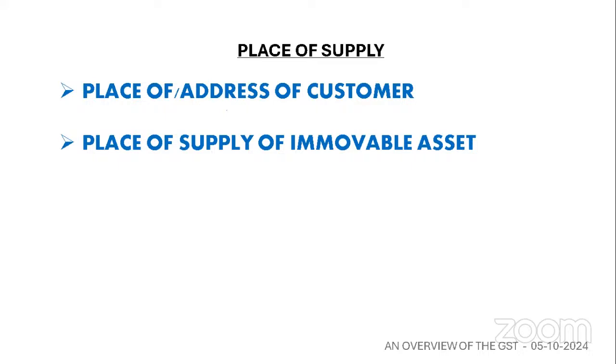This is one example. The second example: I am sitting in Mysore. I am a computer dealer, and I have one customer in Mysore itself, and he wants to donate some computers to an ashram in Chennai. Now, three parties are involved.